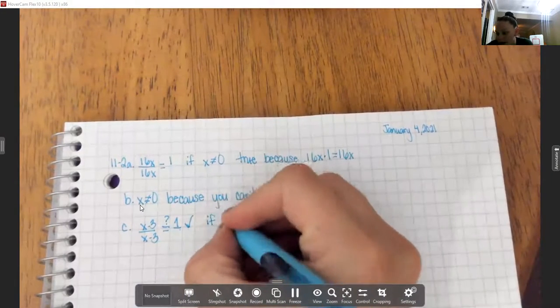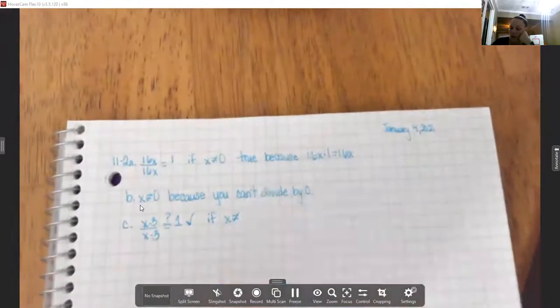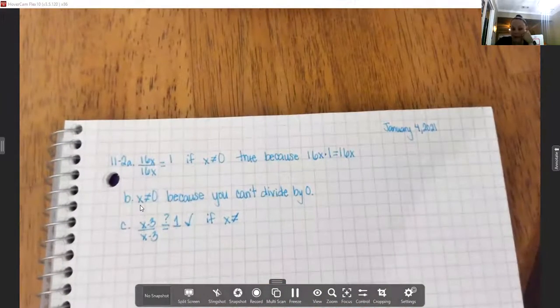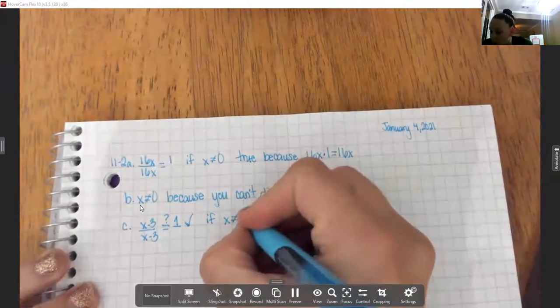What's x not allowed to be though? There's only one number that x isn't allowed to be. Yeah, a couple people are typing it to me privately. Thank you. So x isn't allowed to be 3.